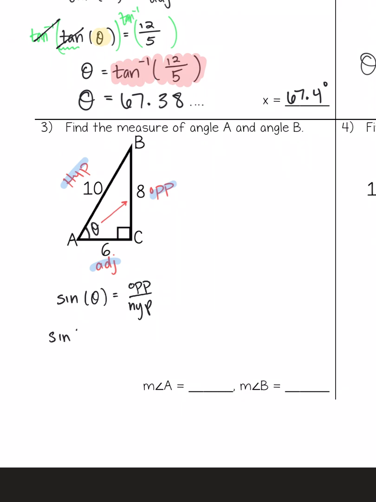I'll fill in the information that I have. My opposite side is 8. My hypotenuse is 10. To find out what theta is, I need to use my inverse trig function. So the inverse sine of 8 over 10. This is what gets typed into my calculator.